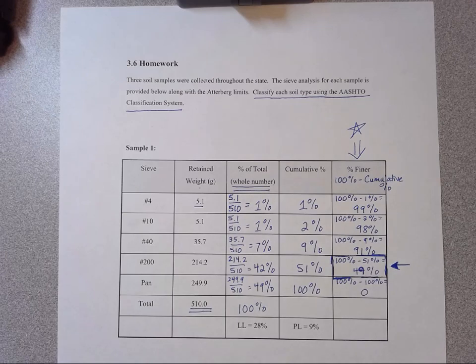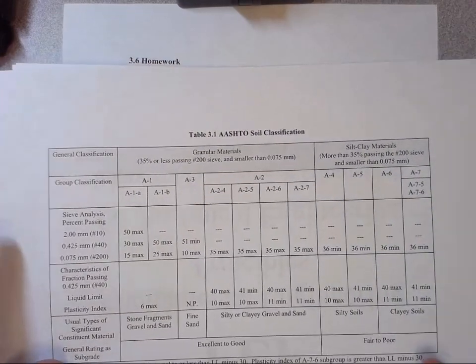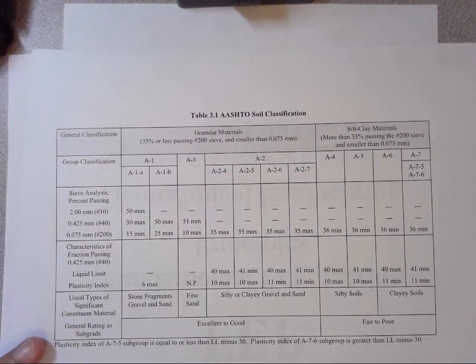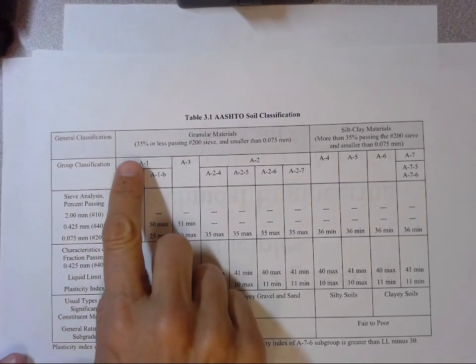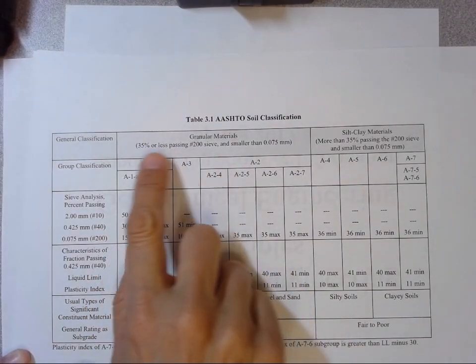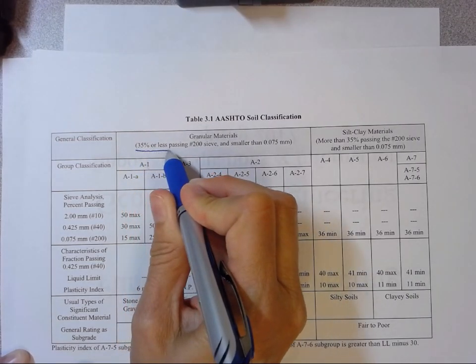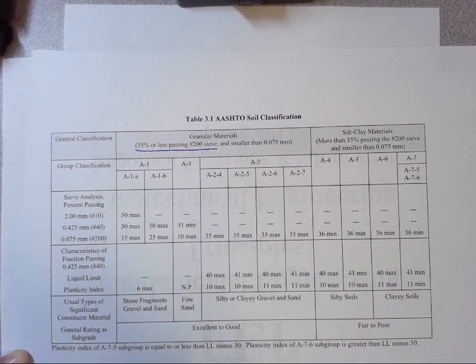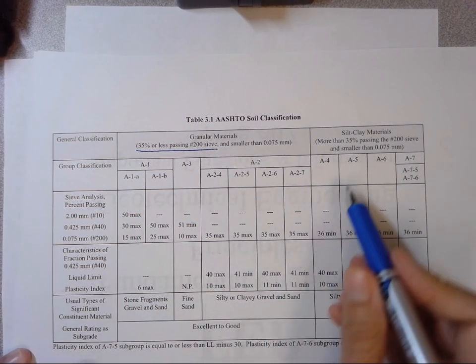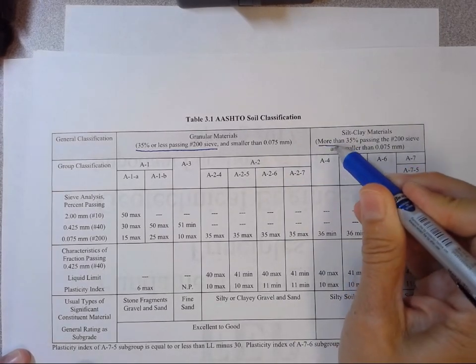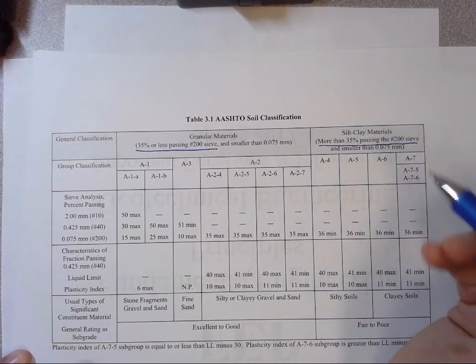Okay, let's take a look at our AASHTO classification system then. We'll go to our chart here that has all our information. Now a quick shortcut here is to look up at the top of the chart. This says it's a granular material if 35% or less passes the number 200 sieve. And it's a silt-clay material if more than 35% passes the number 200 sieve.